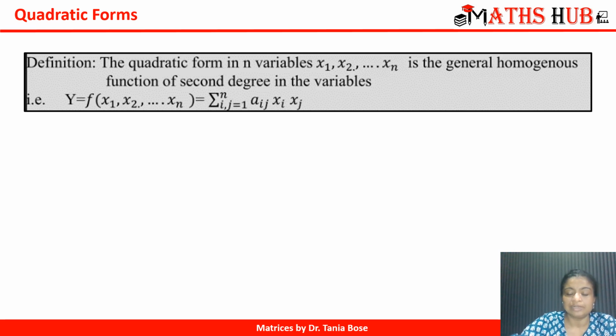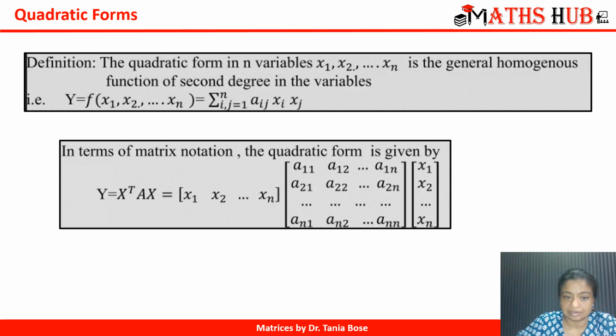How this is possible, we'll see in the following presentation. When I multiply a row vector, that is x1, x2, xn, with the coefficient matrix A, which is having the elements a11, a12, a1n, the second row is a21, a22, a2n, and the nth row is an1, an2, ann, and again I multiply with a column vector, that is x1, x2, xn, what will this give us?